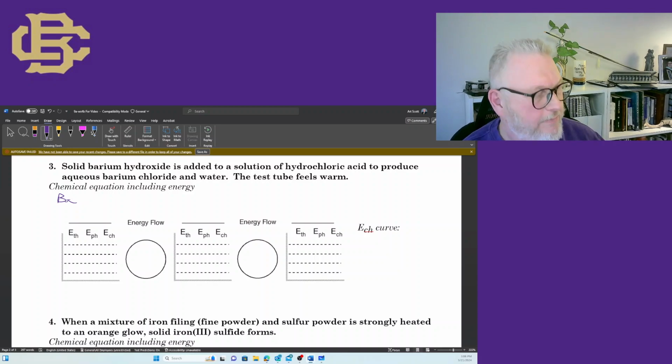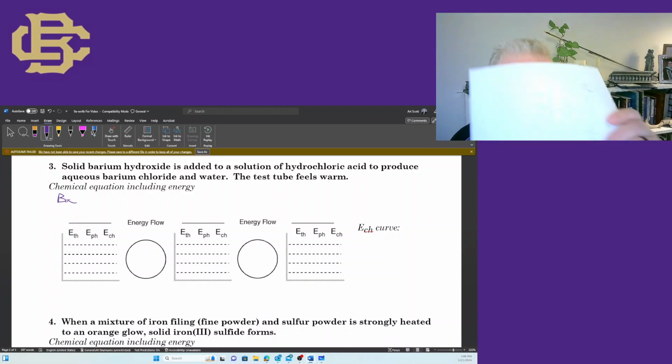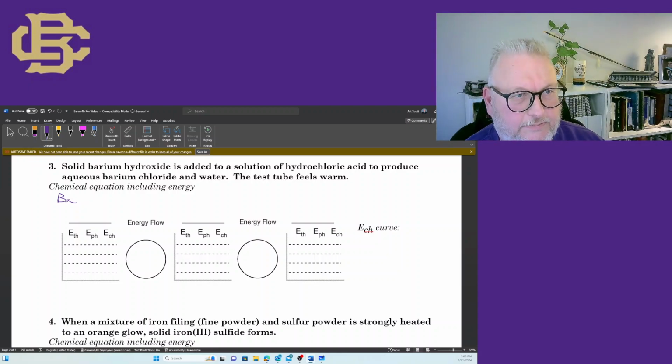Hydroxide, I remember, is on my trusty sheet of polyatomic ions: OH. I've noticed that barium is in group 2, so that's a +2, and hydroxide, when I look on my sheet, is a -1, so that means I need 2 hydroxides to balance out charges.